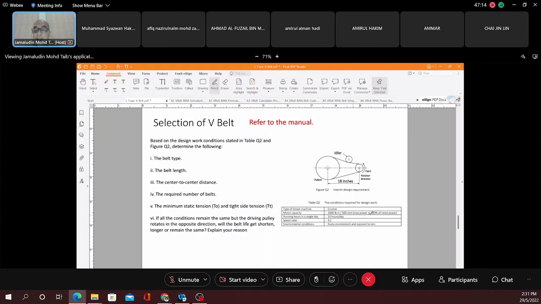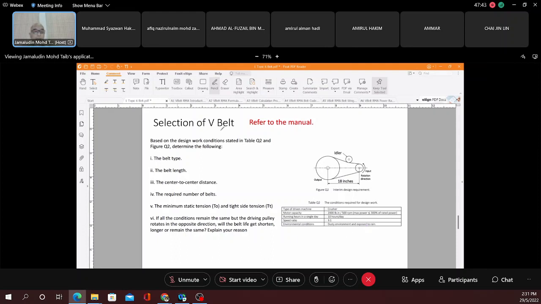Running is 10 hours per day. Speed ratio is going to be 3 to 1, meaning the diameter ratio is 3 to 1. The environment is going to be dusty and exposed to rain.